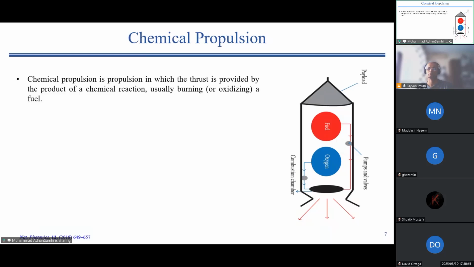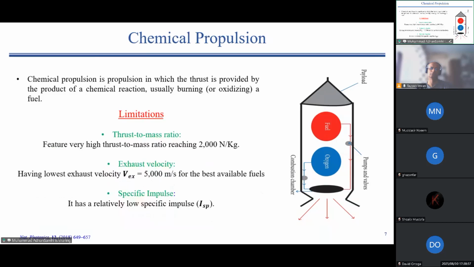There are some limitations in these types of systems. First of all, thrust to mass ratio. These systems have very high thrust to mass ratios. These systems have very low exhaust velocities, which is approximately 5,000 meters per second for the best available fuels. And if I talk about specific impulse, these systems have relatively low specific impulse.